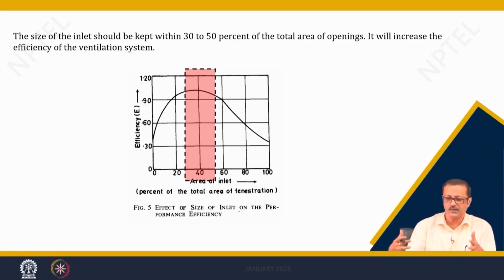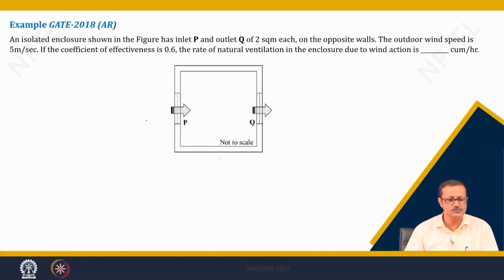The total area of the windows is the area of the inlet plus the area of the outlet, but the area of the inlet should be 30 to 50% of the overall area, so that it will increase the efficiency of the velocity or the total intake of ventilation. So, we will do a small problem on that.